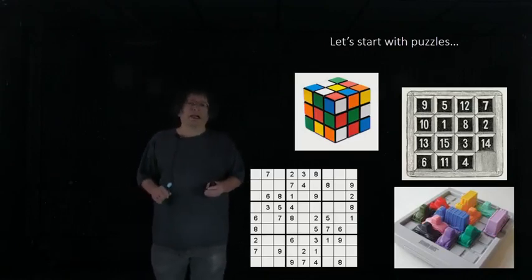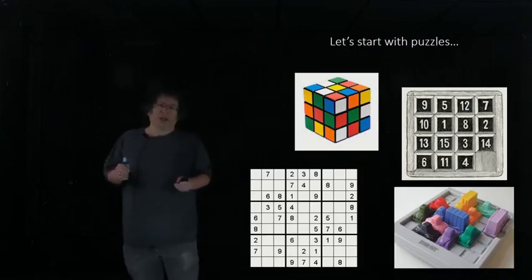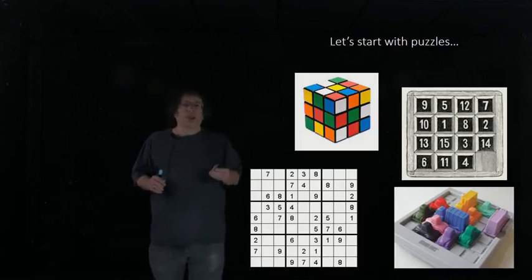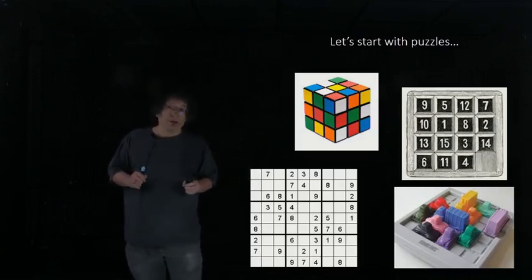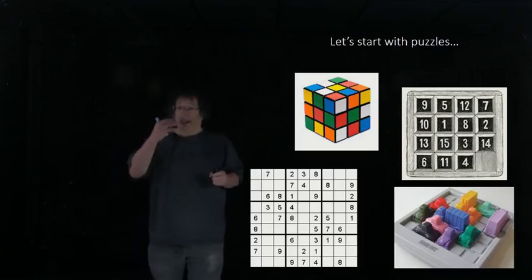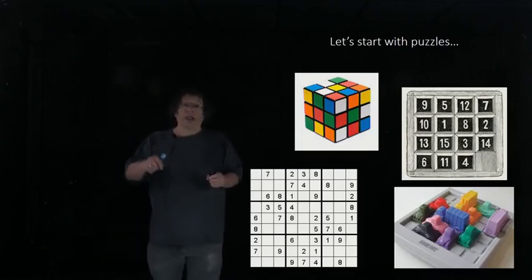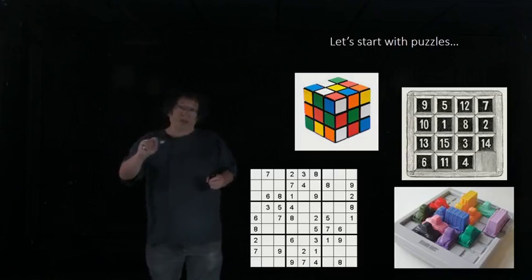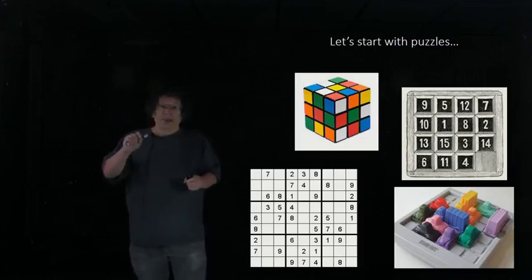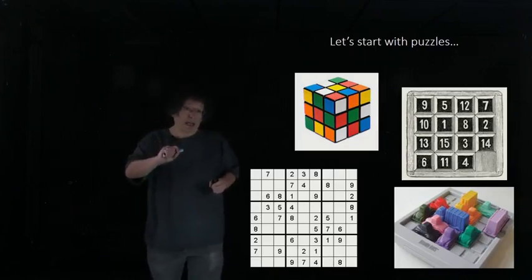But the kind of things that I have in mind here, you see like Rubik's Cube, or the puzzle at the upper right there is the 15 puzzle, where the goal is to slide those little tiles. You can only slide a tile into the blank space.